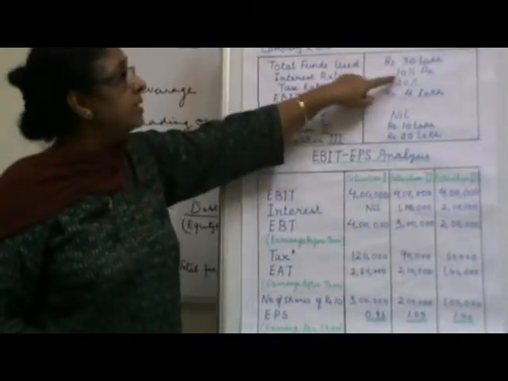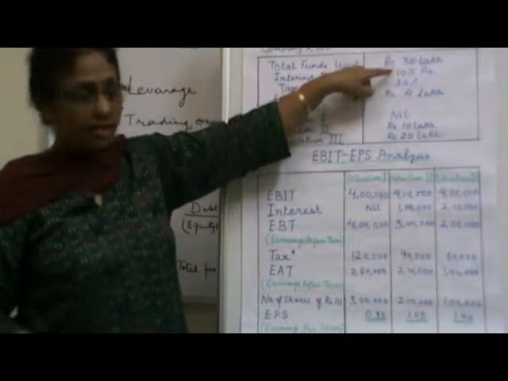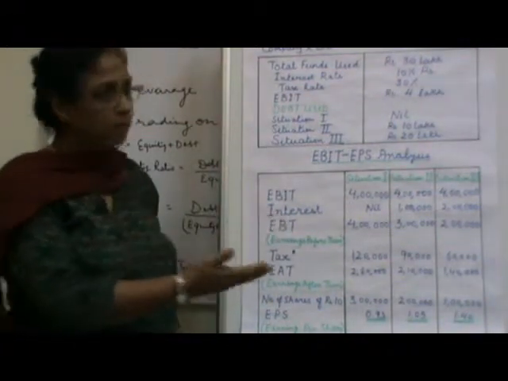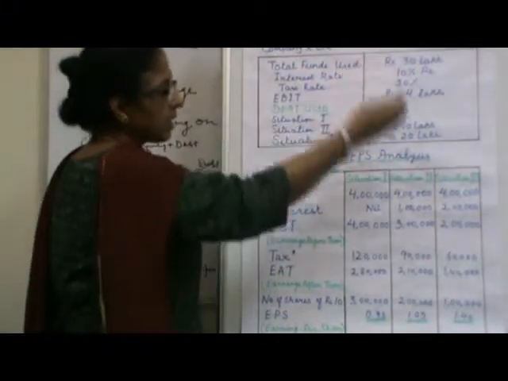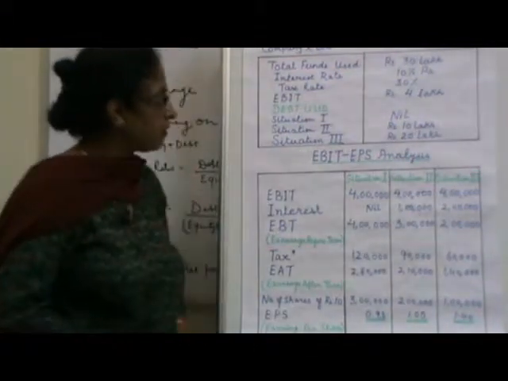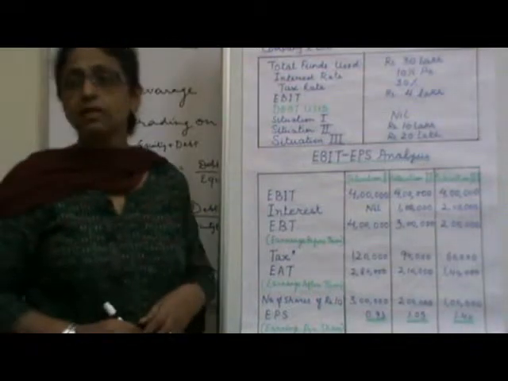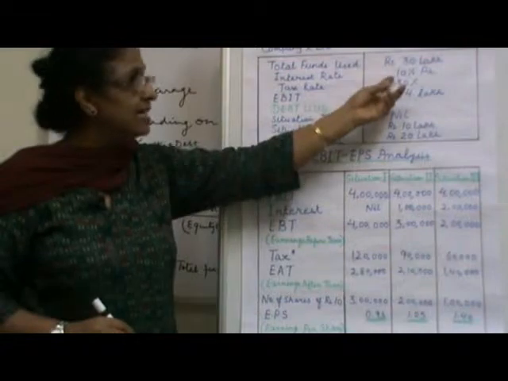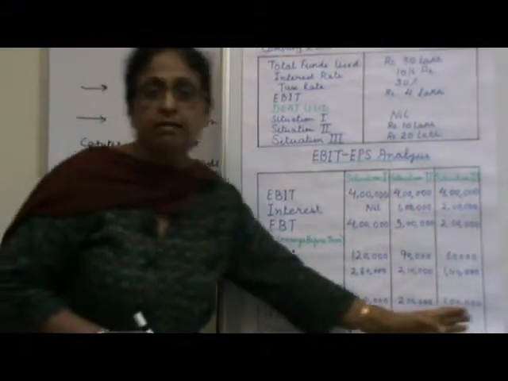Here the 10% is taken as a cheaper source of finance because our total return on investment is 13.33%. On 30 lakhs we are earning 4 lakhs before interest and taxes, which is 13.33%. When the fixed cost of debt is less than that, we are increasing our earning per share.